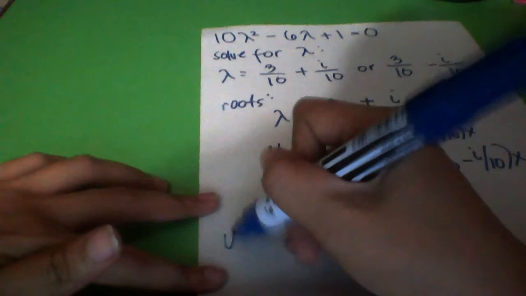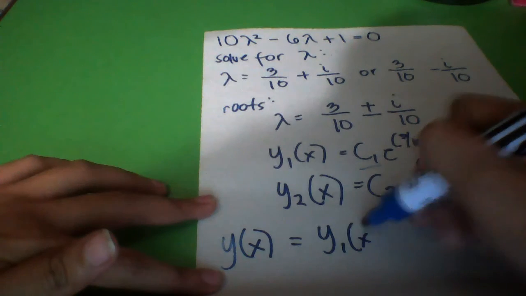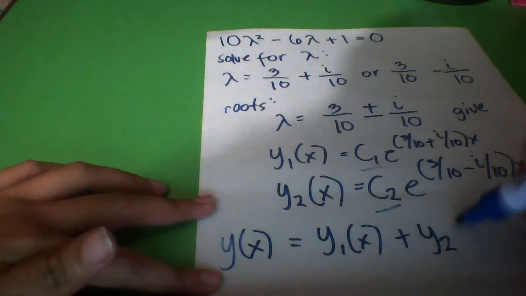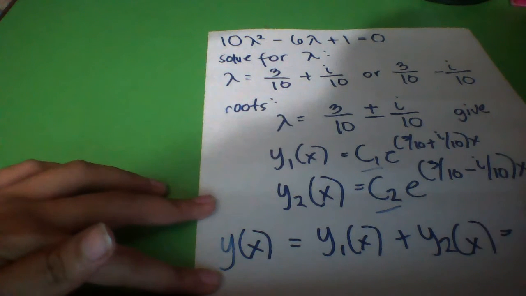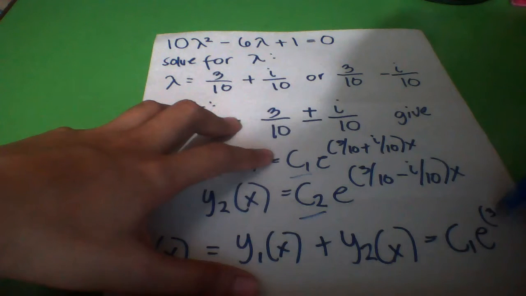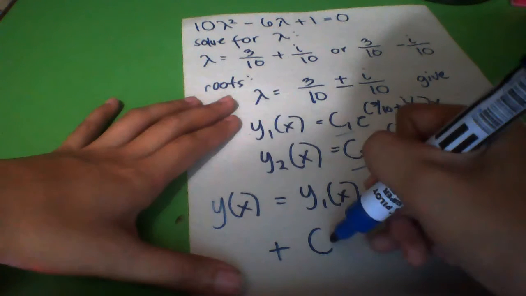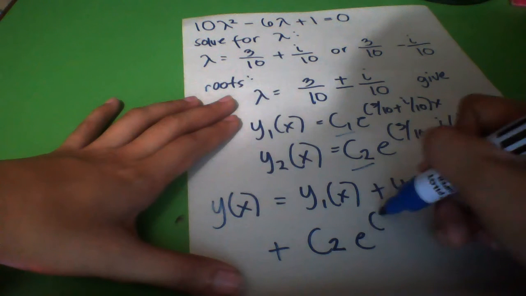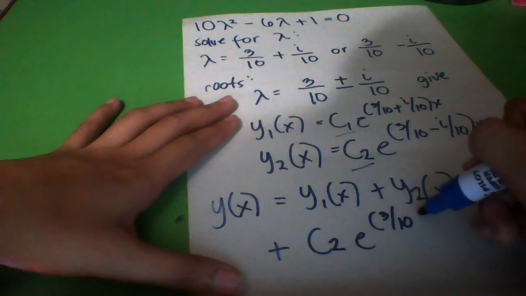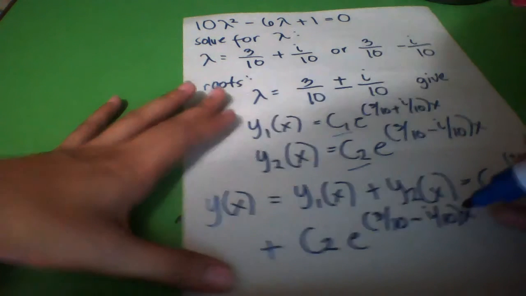So y of x is equal to y sub 1 of x plus y sub 2 of x is equal to c1 e raised to the (3 over 10 plus i over 10) x plus c2 e raised to the (3 over 10 minus i over 10) x.